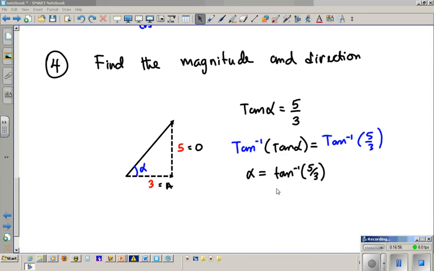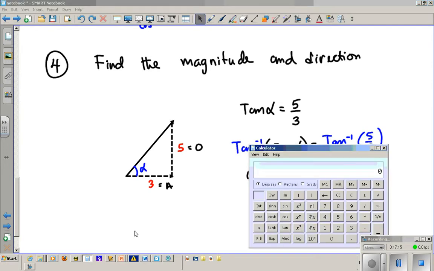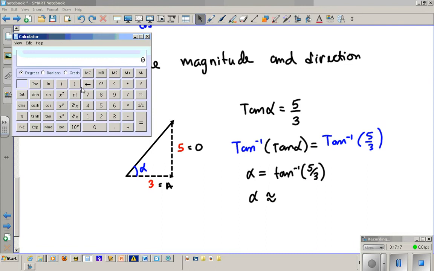And then you can plug that into the calculator to get the approximate result. Okay? Let me see if my calculator here can do it. So alpha is going to be approximately, let's see, 5 divided by 3, and then if I take the inverse tan, 59.04.